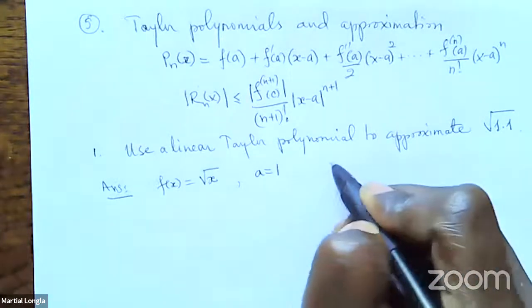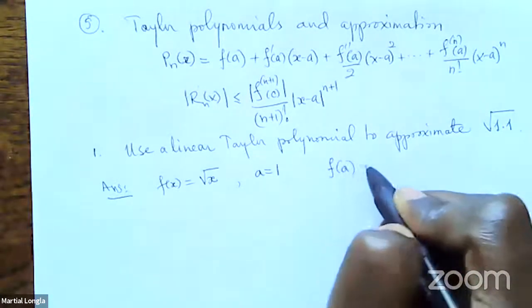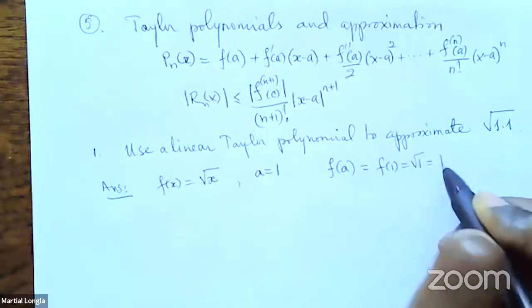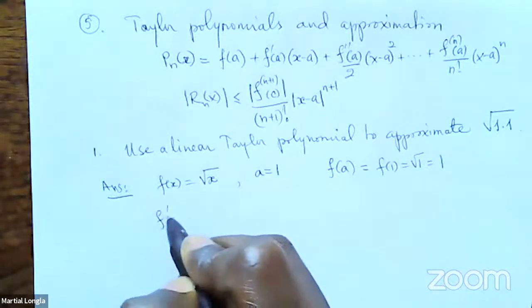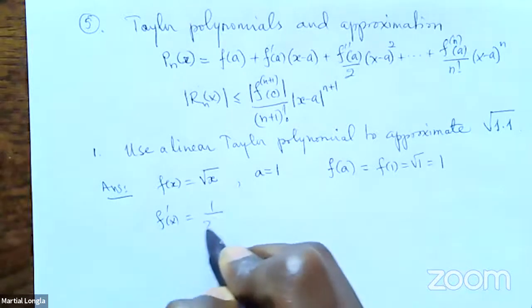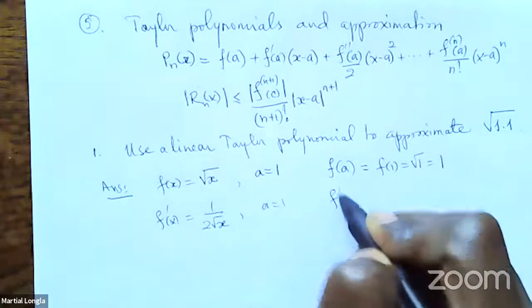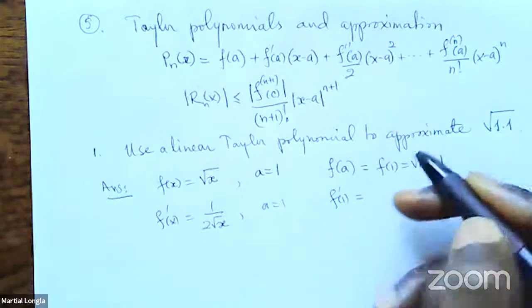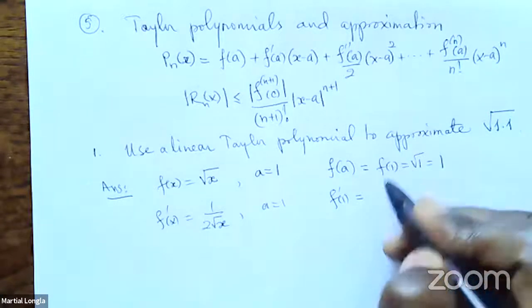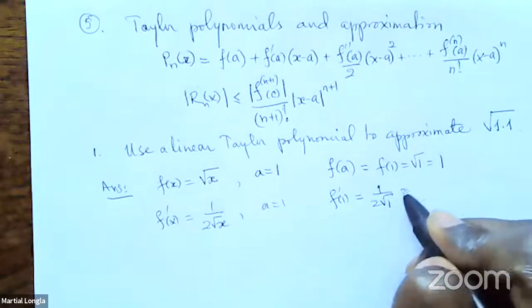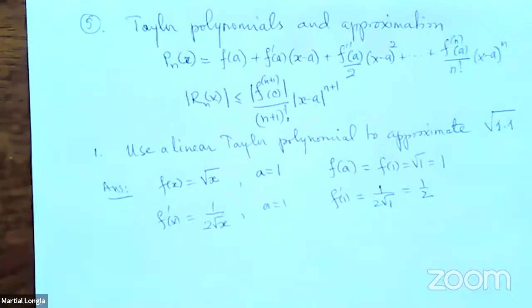So you're going to get f of a, that's f of 1, the square root of 1, that's 1. F prime of x is 1 over 2 square root of x. A is 1, so f prime of 1 is 1 over 2 square root of 1, so 1/2.